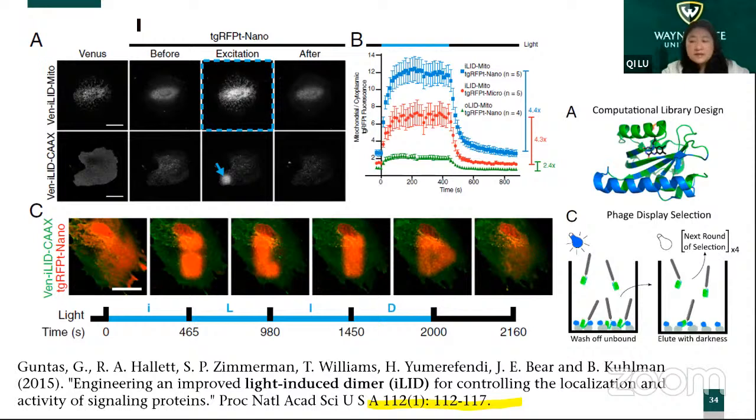This is another part that is for localization of different proteins. They do a phage display selection to make sure that these two interactions are being triggered by light. First they need binding, then wash off those unbound.